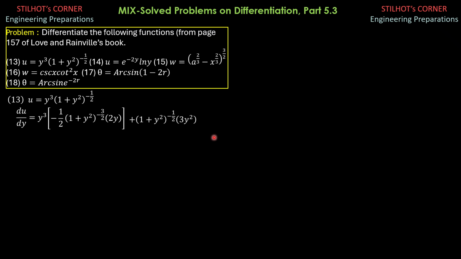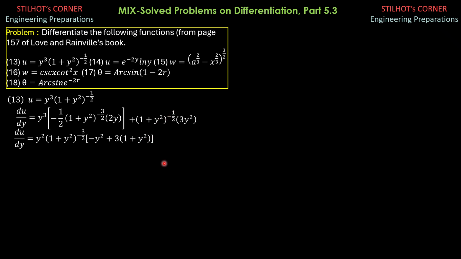So next, we factor out. We cancel 2. Then we factor out y squared. 1 plus y squared to the negative 3 halves. Then we'll have y squared in the first term left, negative y squared, and in the second term, 3 times quantity 1 plus y squared to the 1.